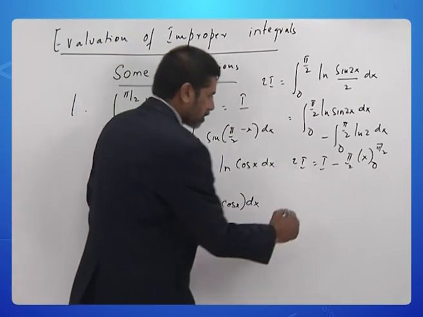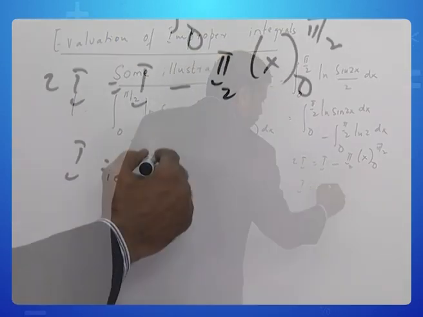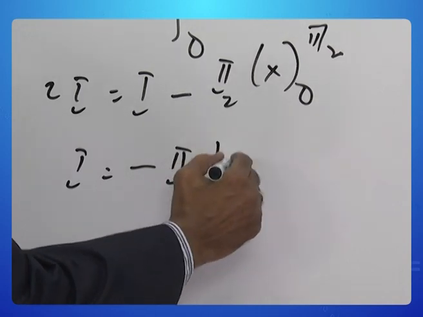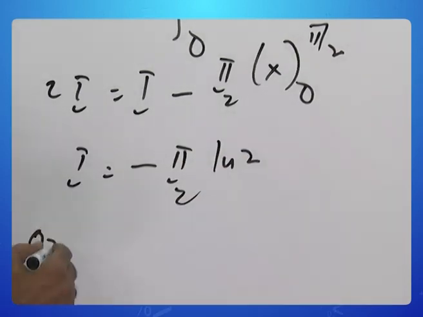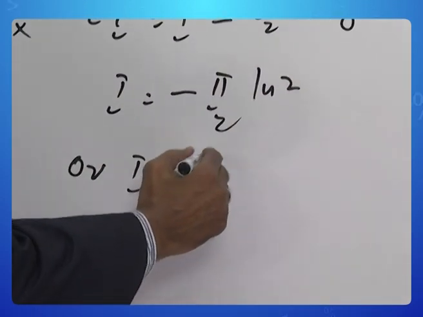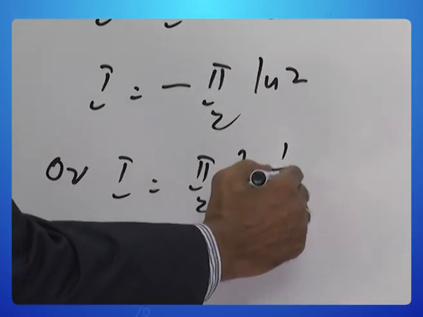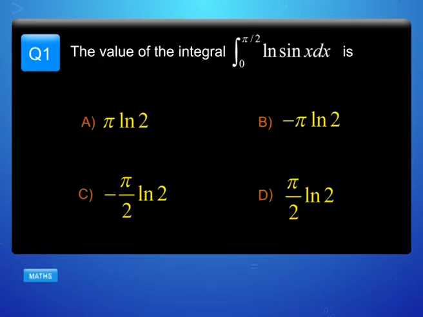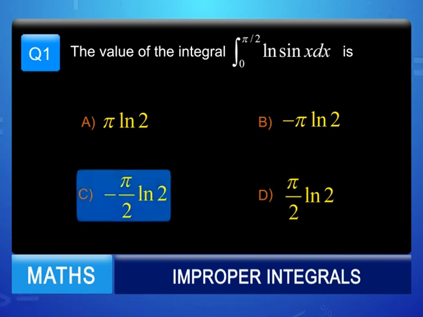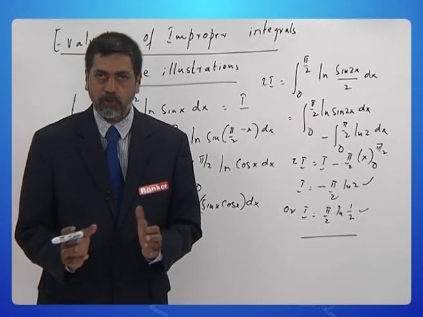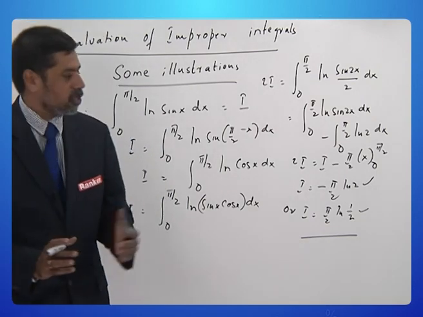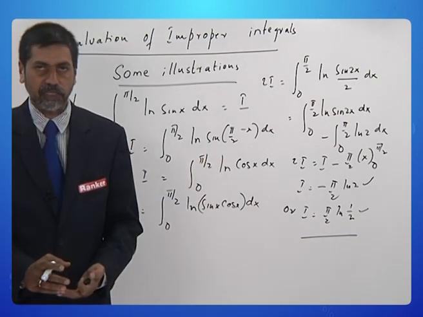So 2I minus I is I, which is minus pi by 2 log 2, or we can also write this as I is equal to pi by 2 log half. So either we can produce this as the final answer. So this is how, using basic intermediate techniques, we can solve a problem like this.